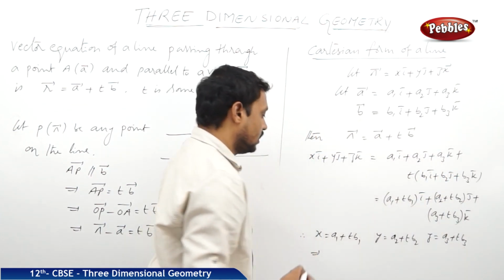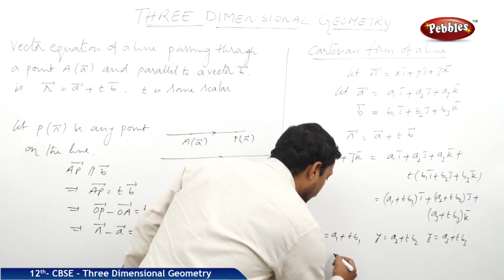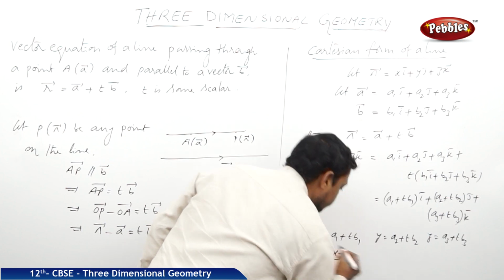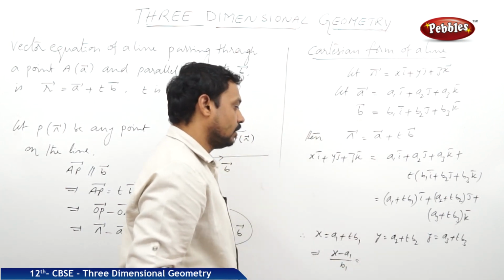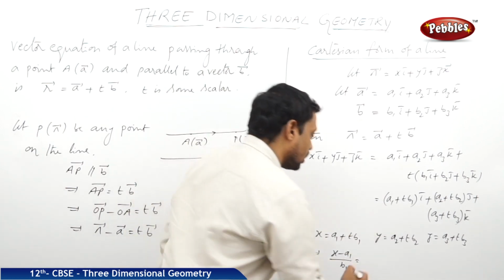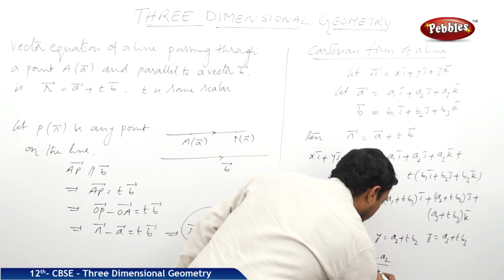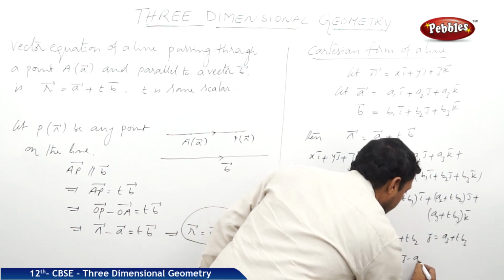From this, eliminating the parameter t, we can write x minus a1 by b1 is equal to t. Now, from the second condition, t is equal to y minus a2 by b2. From the third condition, it is z minus a3 by b3.